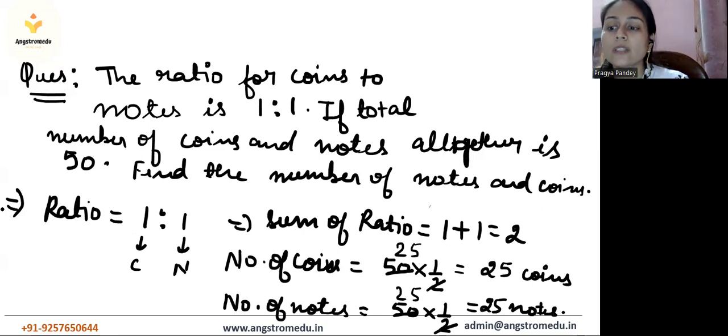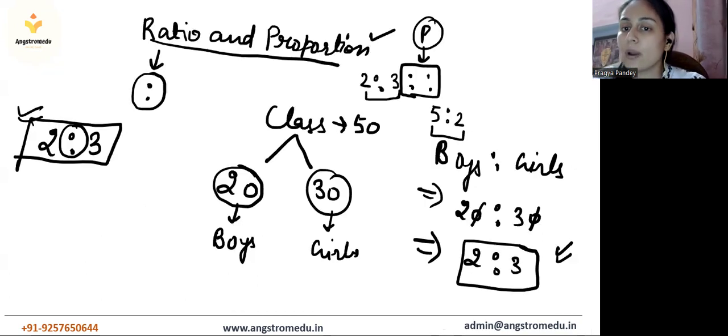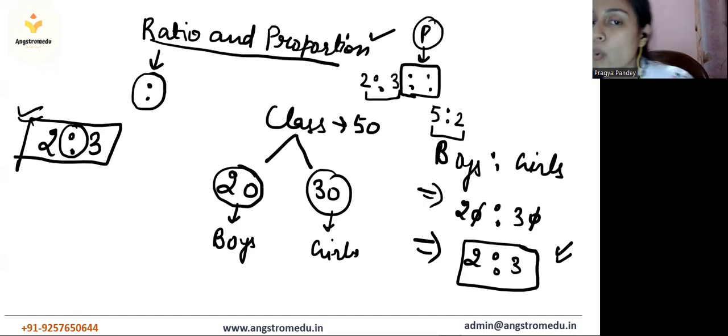Okay, I hope this is clear to you. In this video, I'm just summarizing what we have studied. First, we understood the concept of ratio and proportion, so let's recall it once. Ratio is nothing but the comparison of two quantities, and the symbol for ratio is two dots.